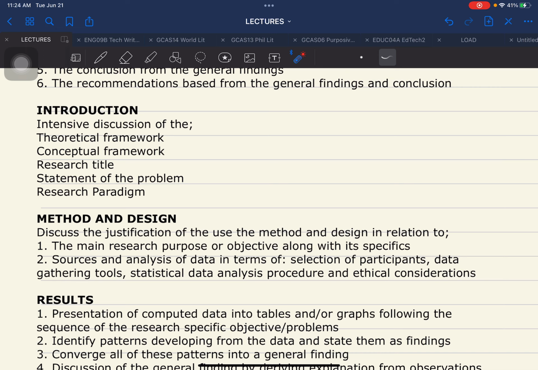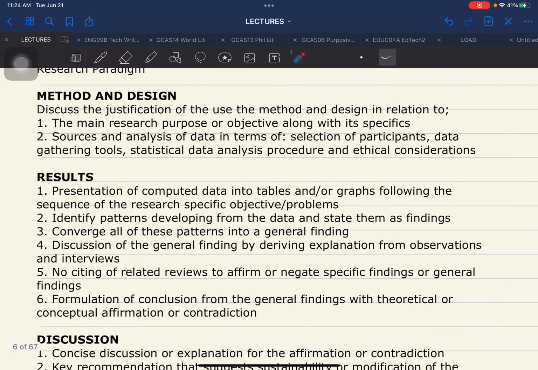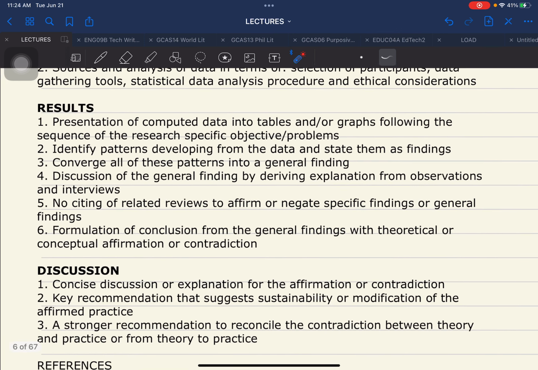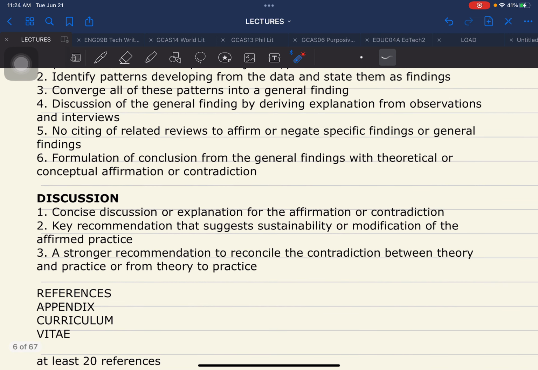So this is the description that you need to include in this part of your study. The results also mirrors and reflects the full research format. So these are the discussions that need to be included in the results part of your IMRAD format. And then the discussion, you also have the following description.